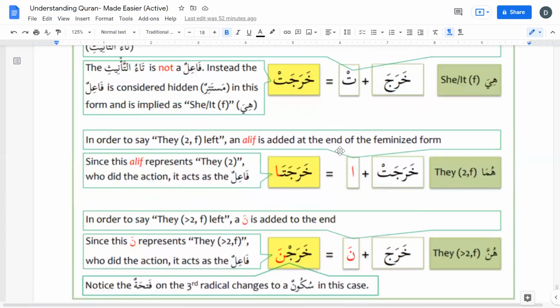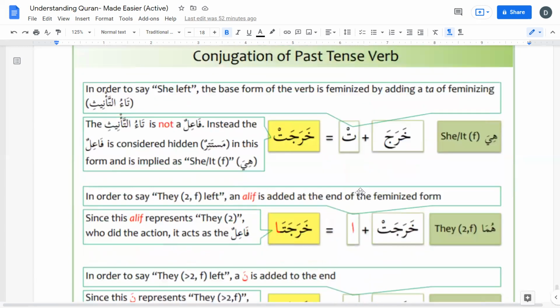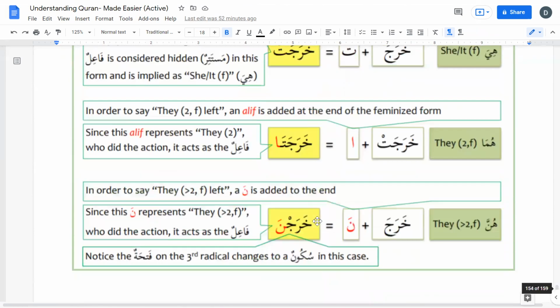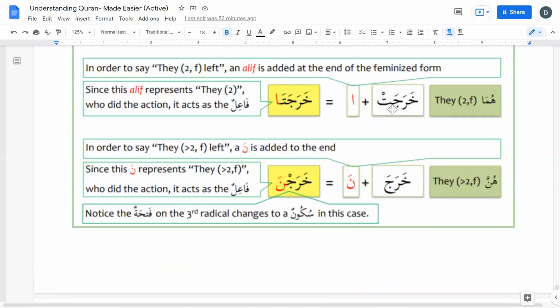Just like from kharaja we add waw and turn fatha into dhamma, kharaju. Over here in kharajat, there was a sukoon. So how can we pronounce it? Now it is kharajata, fatha before alif, right?